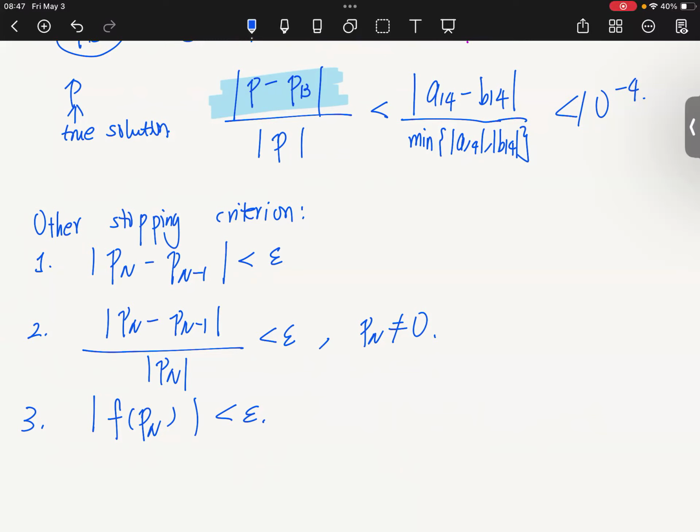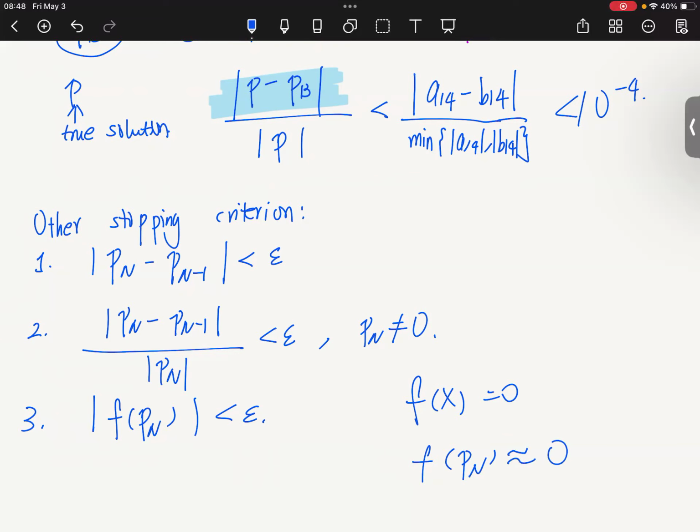This is just a residue, because we are going to solve f(x) equals 0, and you expect that if you put in the approximation, f(Pn) is approximately 0.